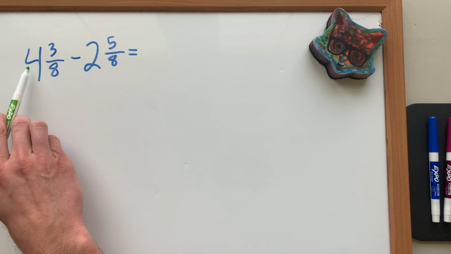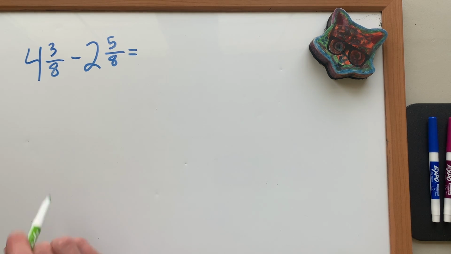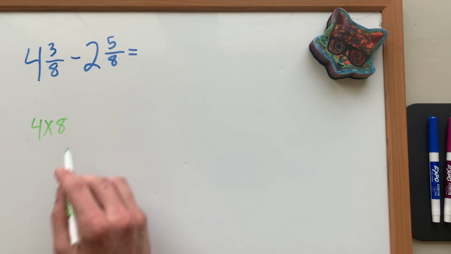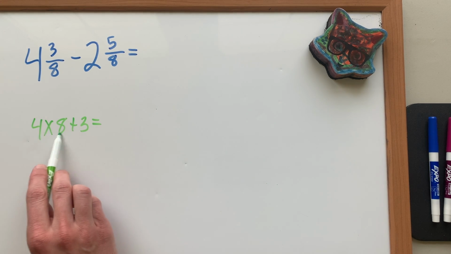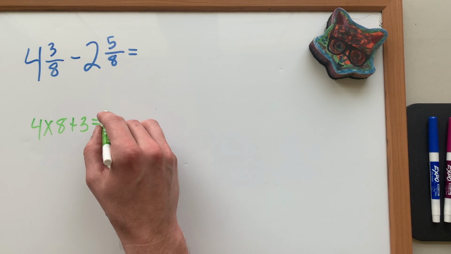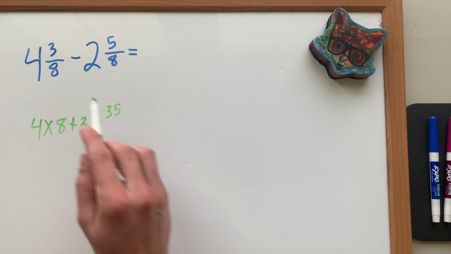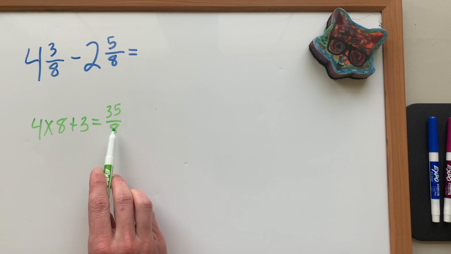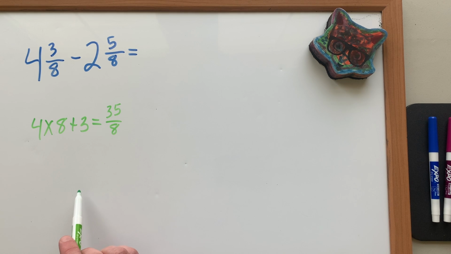We can do that by taking the whole number times the denominator plus the numerator. 4 times 8 plus 3. 4 times 8 is 32. 32 plus 3 is 35. 35 what? 35 eighths. This improper fraction has the same value as 4 3/8. It's just written in a different form.